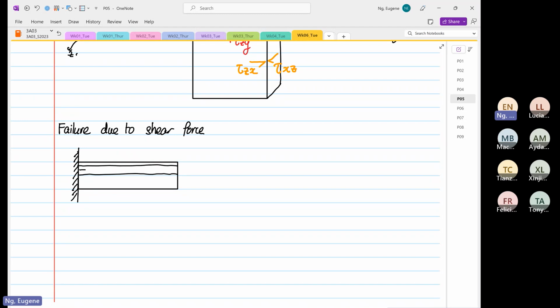One layer here. All right. And we are going to have a force P over here. And the P is also equal to V, where V, right, is the shear force.